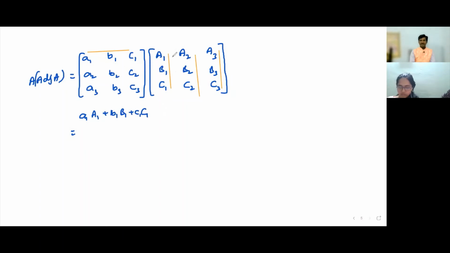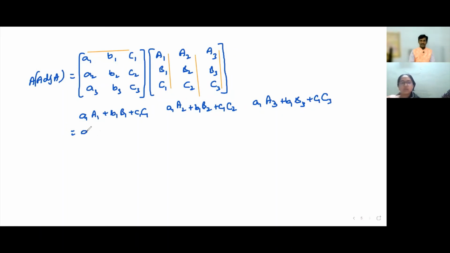First row with first column completed. Now first row with second column: a1 into capital A2 plus small b1 into capital B2, small c1 into capital C2. Next, a1 into A3 plus small b1 capital B3 and small c1 capital C3.